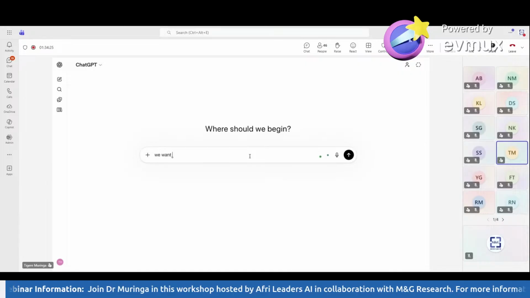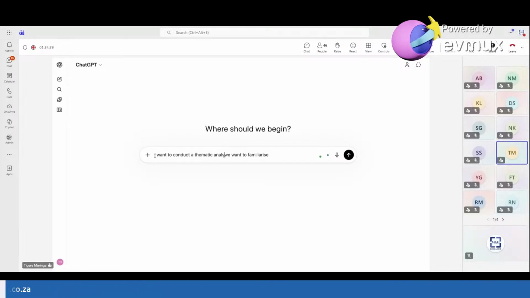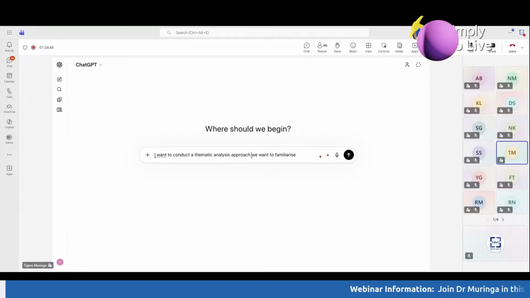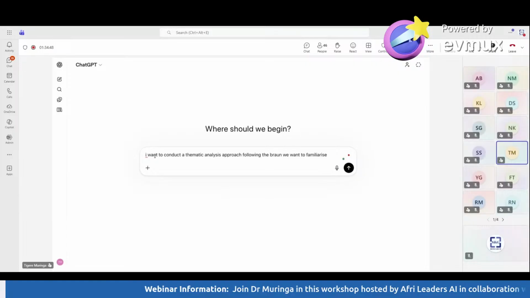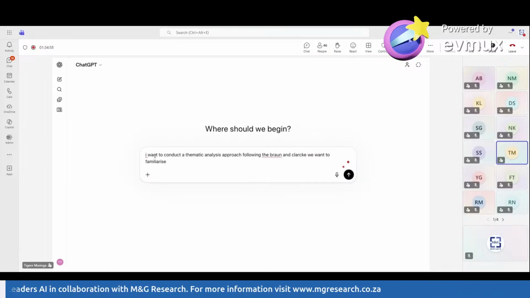we want to familiarize, right? The context is, right, I want to conduct a thematic analysis approach, right? Following Braun and Clarke. It's very important to know the kind of thematic analysis approach that you need to use, because they're different.